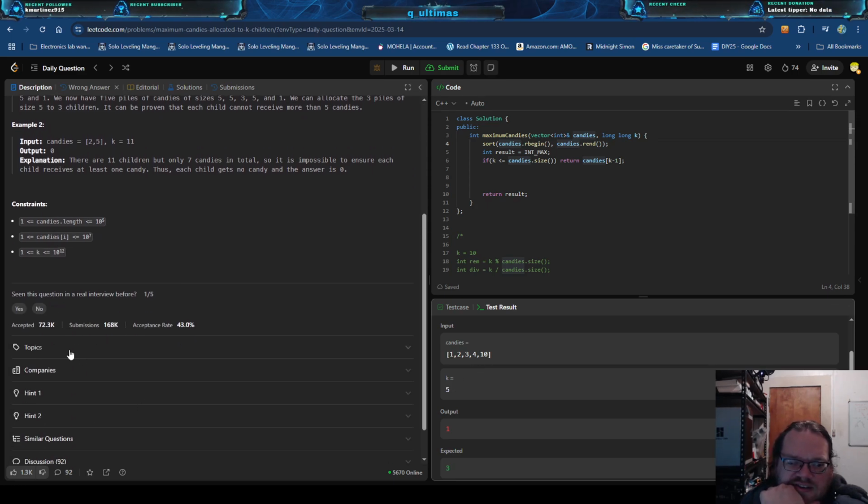Let's look at the hints. I'm not actually sure. Oh my goodness. It's a binary search problem. This is a binary search like Coco's, isn't it?